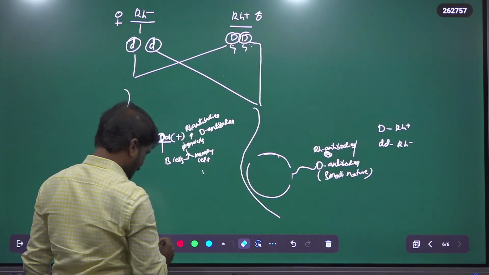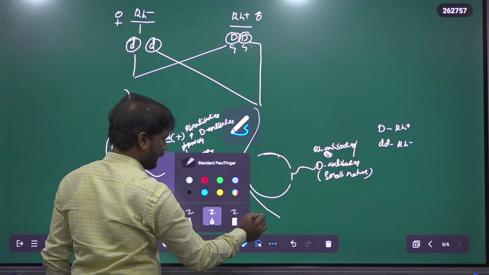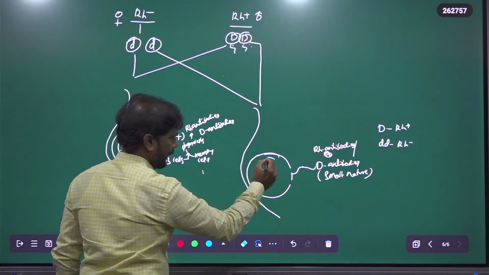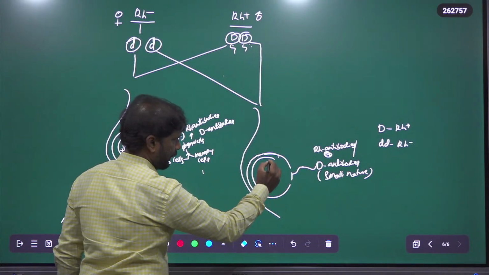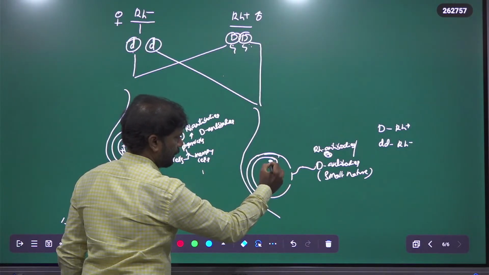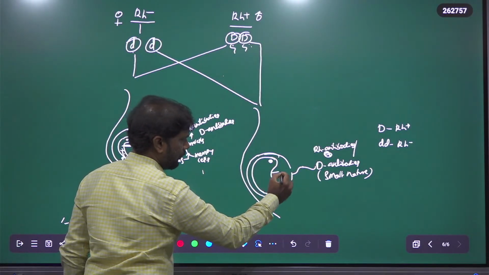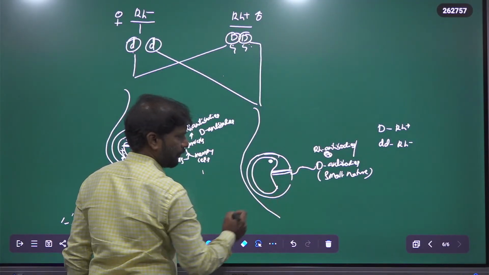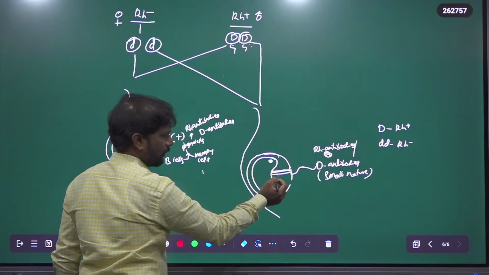You can draw a clear diagram. Here it is the fetus, connected to the mother's uterus. So this is the mother's uterus, and this is the fetus.